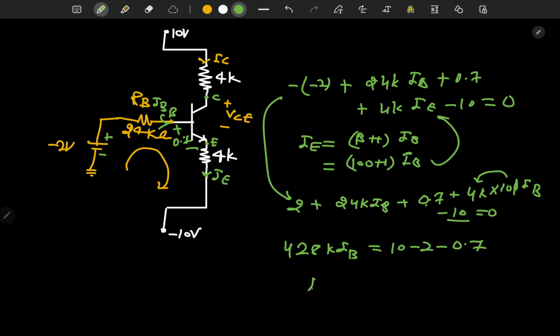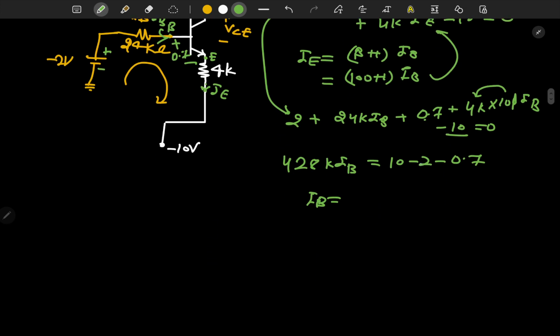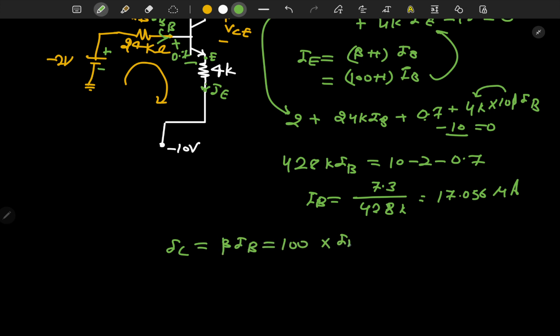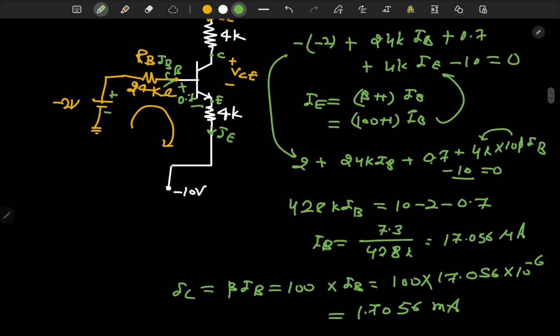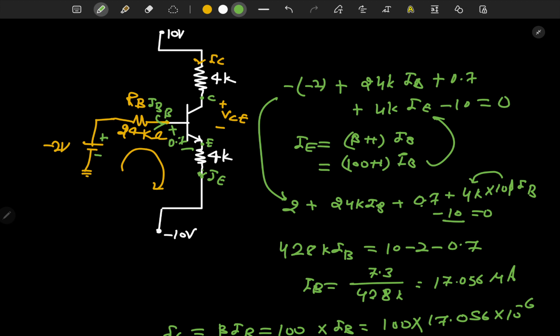From here, IB will be 7.3 divided by 428k, which is around 17.056 microamperes. Now I can calculate IC as beta times IB, which is 100 multiplied with 17.056 times 10 to the power minus 6, around 1.7056 milliamperes.